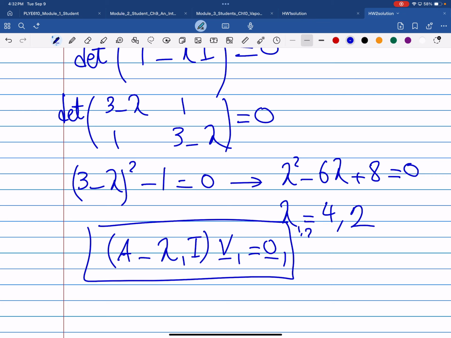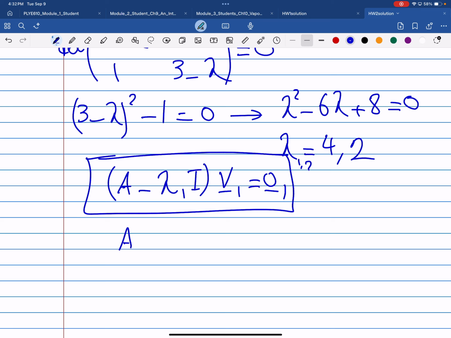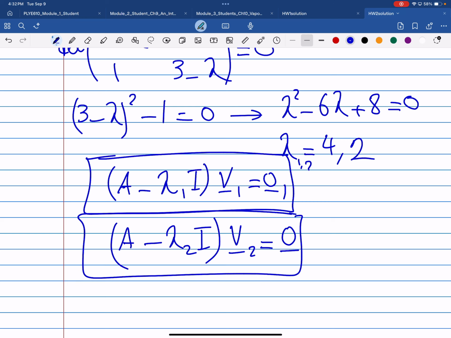So this is the equation for the first one, and the same thing for the second one. So A minus lambda 2 I times V2 is going to be again the 0 vector. So these are the two equations that will give you the eigenvectors corresponding to these eigenvalues. It works perfectly well as long as these are distinct.